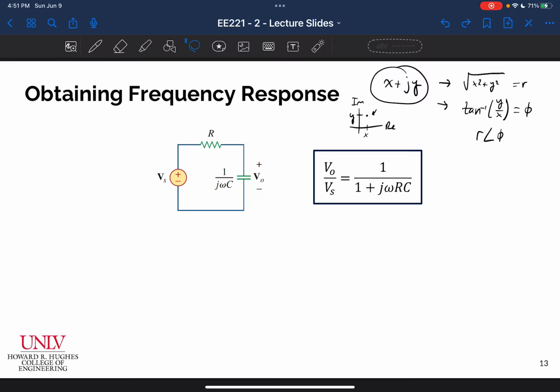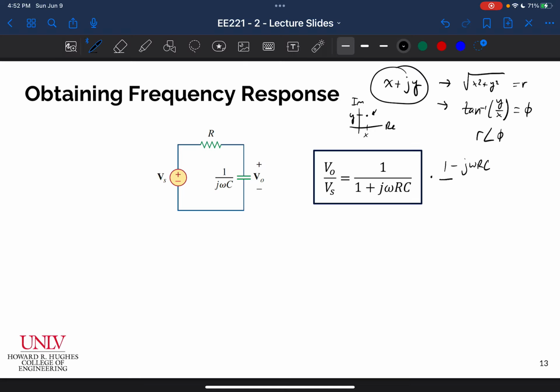What I want you to recognize is that right now this is not represented as a complex number normally is, right? We have the j in the denominator of this fraction. It looks kind of messy, but we can really easily convert it into this x plus jy form. And how do we do that? Well, we can do that simply by multiplying the top and bottom by what's called the complex conjugate of the denominator.